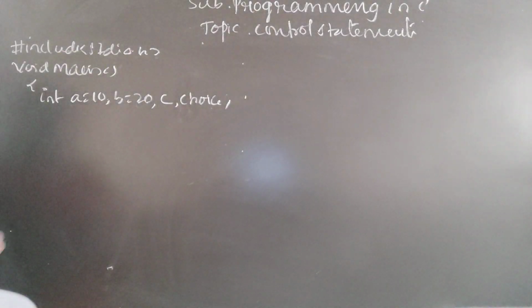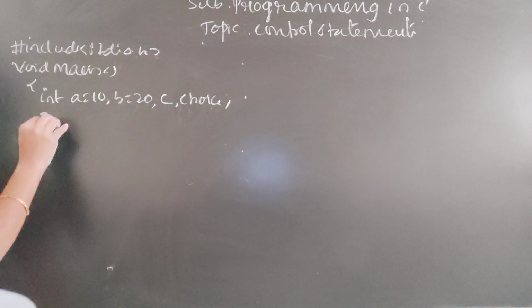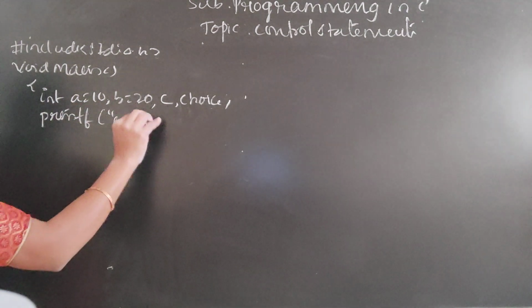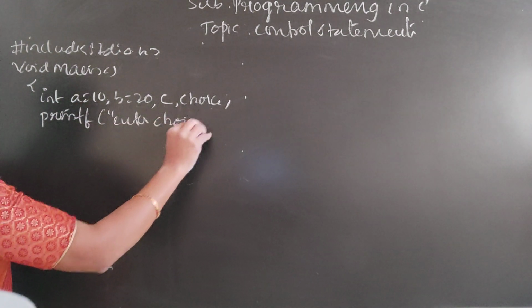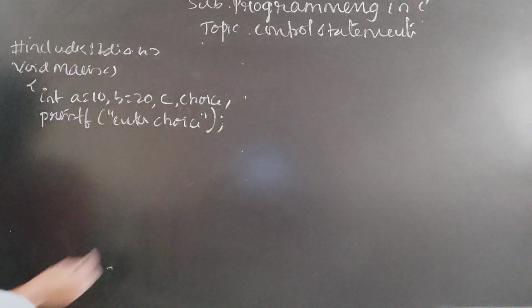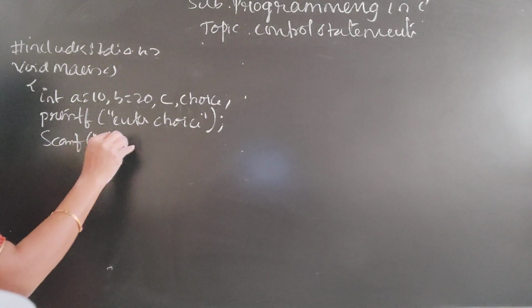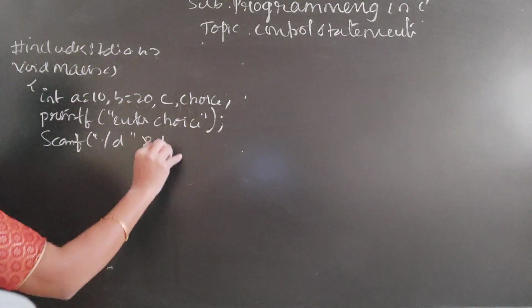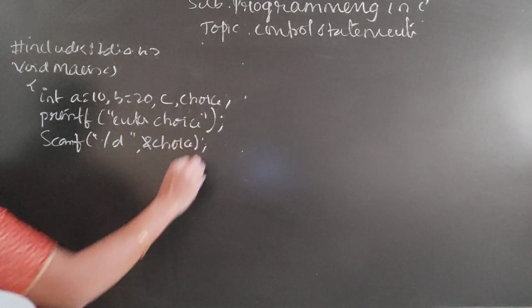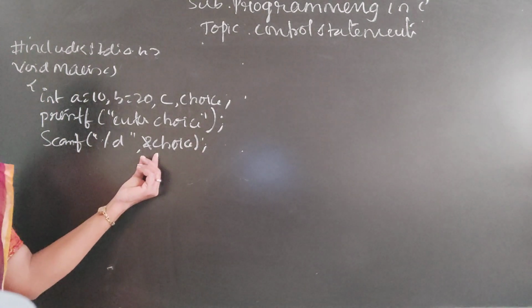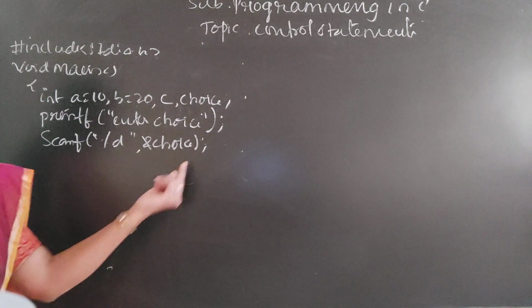So I am giving a prompt to the user: Enter choice. I want to take the choice from a user. Then the user will give it: scanf("%d", &choice). This is the input statement. If the user gives input from the command prompt using the keyboard, it is stored in choice.